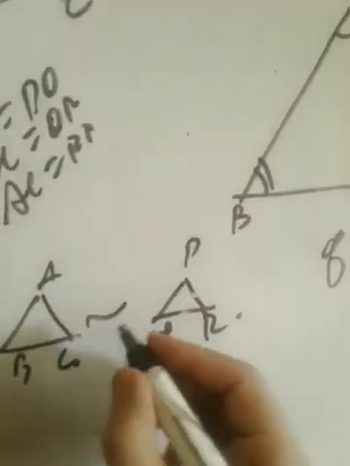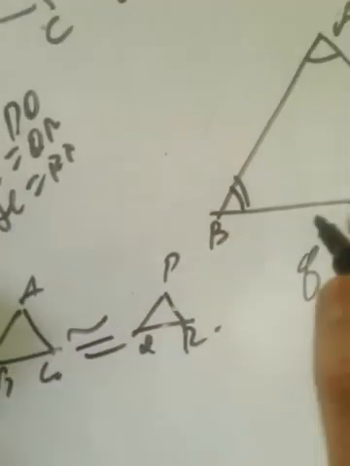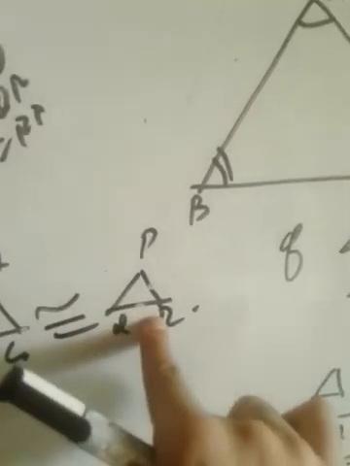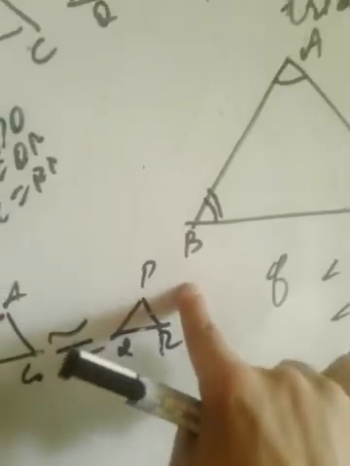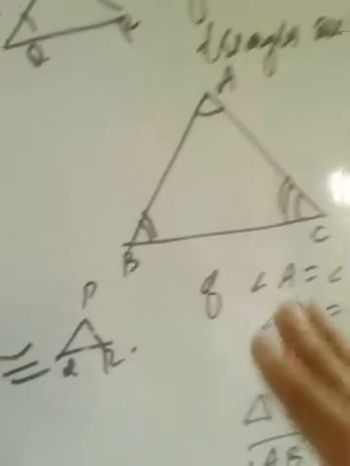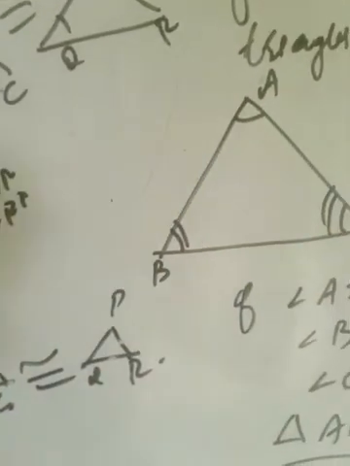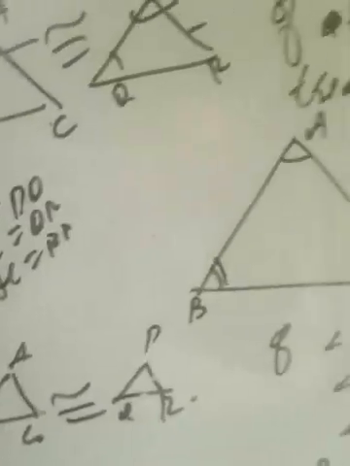Suppose they are now congruent, then the corresponding parts are AB equals PQ, BC equals QR, AC equals PR. Angles are equal in both types, but the sides are proportional in case of similarity and equal in case of congruence. This is a very important concept you have to remember.